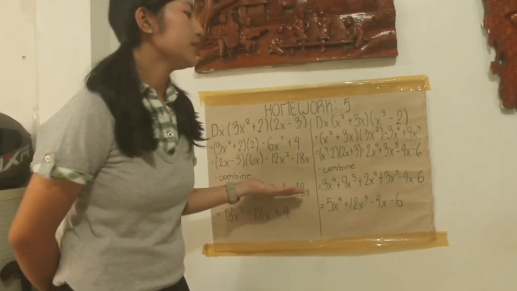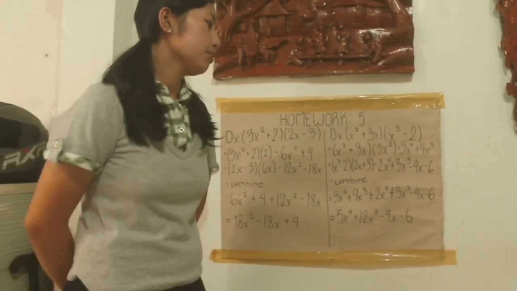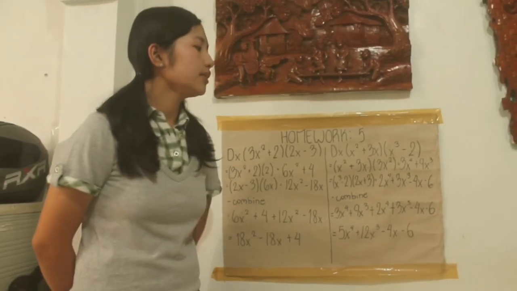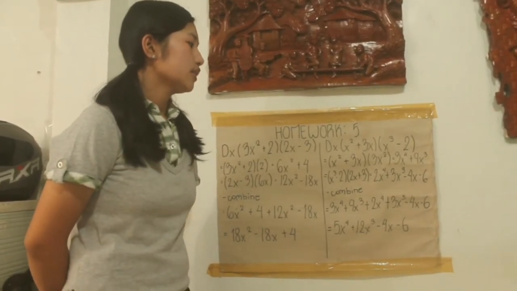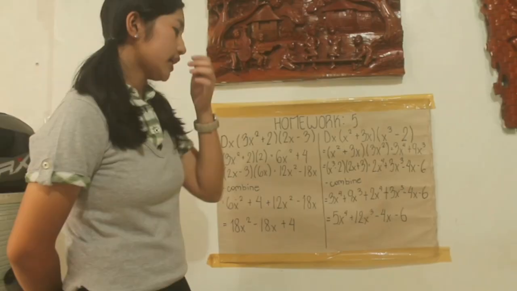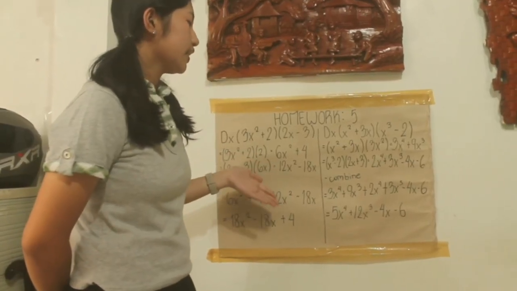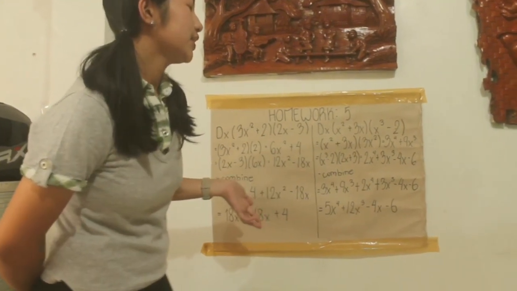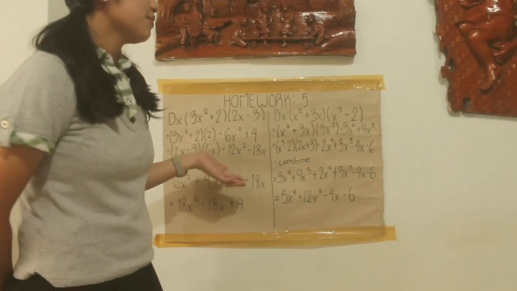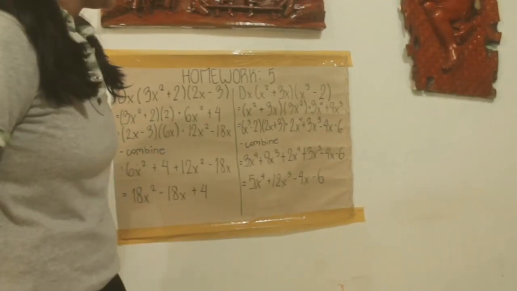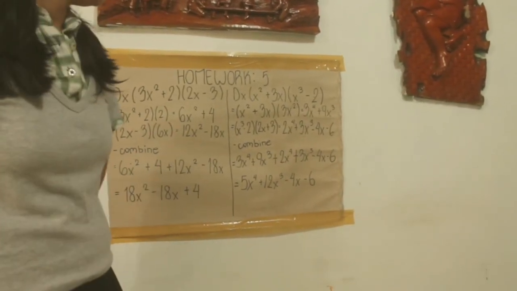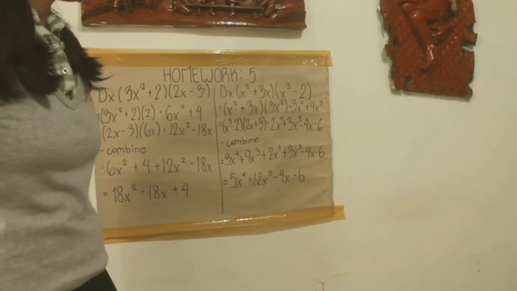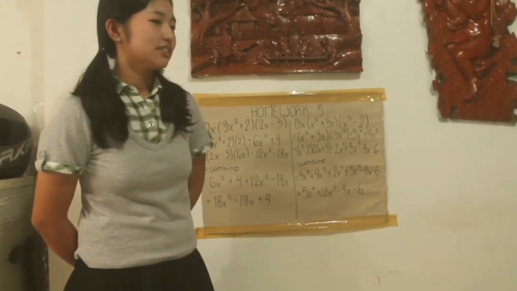So the answer would be 2x raised to 4 plus 3x cubed minus 4x minus 6. So after that, we need to combine all the like terms. So we have 3x raised to 4 plus 9x cubed plus 2x raised to 4 plus 3x cubed minus 4x minus 6. And our final answer would be 5x raised to 4 plus 12x cubed minus 4x minus 6.